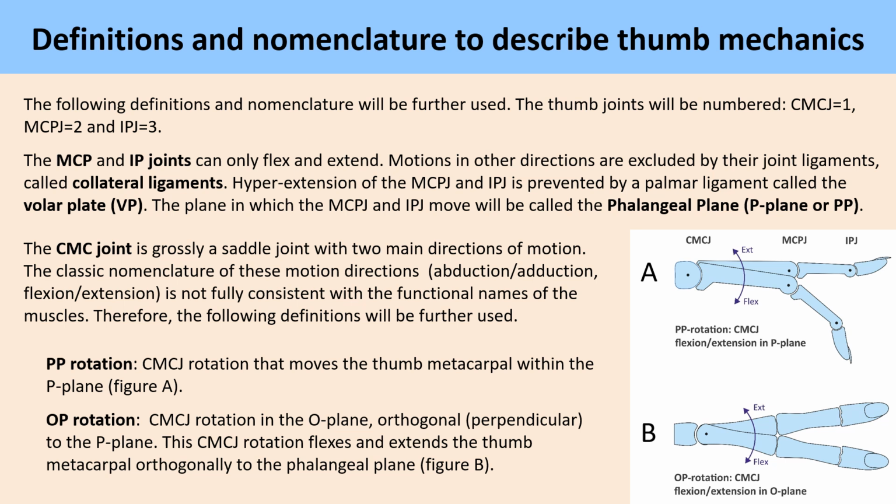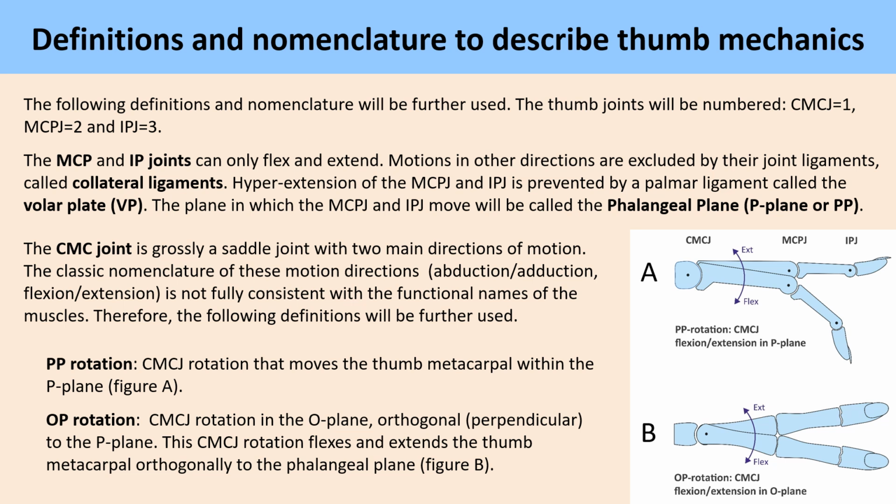The CMC joint is grossly a saddle joint with two main directions of motion. The classic nomenclature of these motion directions, abduction, adduction, flexion, extension, is not fully consistent with the functional names of the muscles. Therefore, the following definitions will be further used.